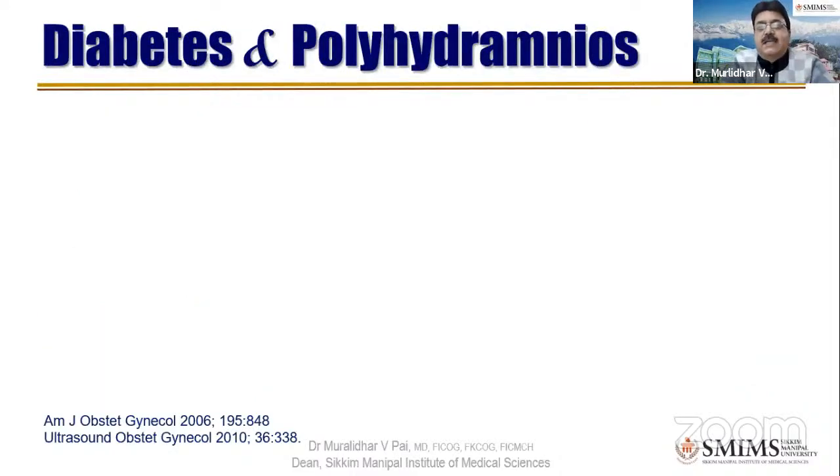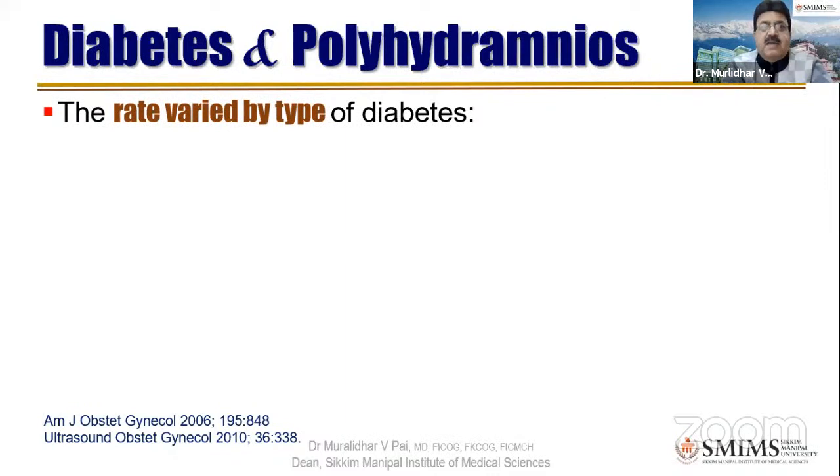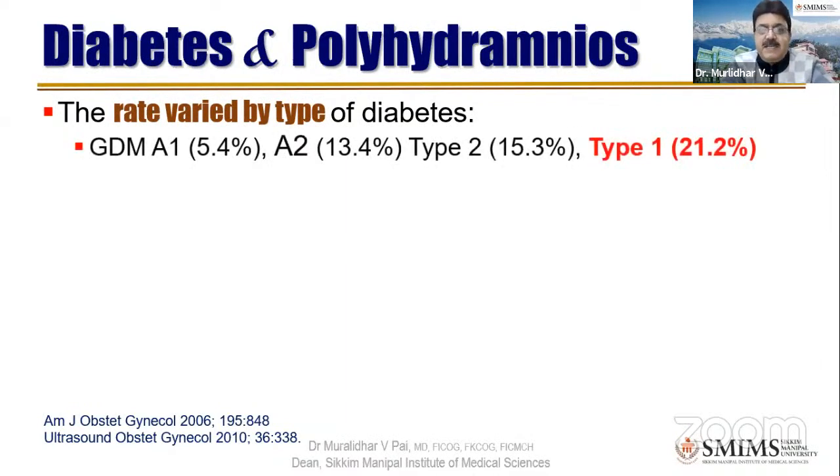I was telling about the difference in the incidence of polyhydramnios in different types of diabetes, and here it is. The rate varied by the type of diabetes. If it is GDM A1 type, where the fasting is less than 105, it is 5.4. Whereas if it is A2, where the fasting is more than 105, it is 13.4. And if it is type 2 diabetes, 15.3.